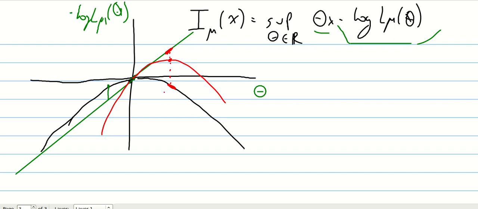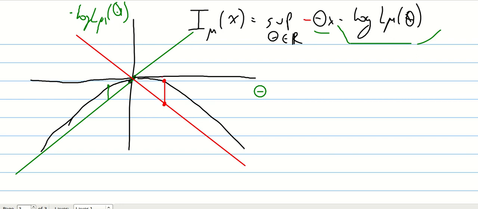And another way to see this is to draw minus the function here. So this is the function that we should be looking at. And the maximum is going to be attained when this difference is higher, because it's going to be exactly when the two have the same derivative.